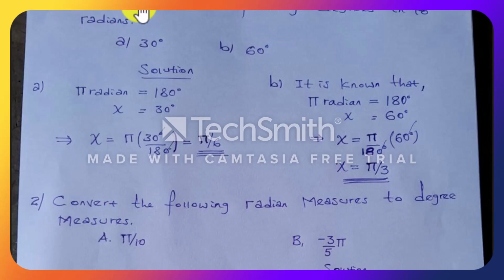የመጀመሪያው ጥያቄ ምን ይላል? Convert each of the following degrees into radian measure. ስለዚህ እስቲ እነዚህን ጥያቄዎች እንስራ፤ A is given 30 degree and 60 degree. እዚህ በዲግሪ የተሰጡ የአንግል ልኬቶች አሉ። እነዚህን ወደ ራዲያን፣ ይሄ በጣም ቀላል ነው። Therefore, when we come to the solution, in our last discussion on the topic, the relationship between degree and radian measure, we discussed that pi radian is equal to how much? 180 degree.